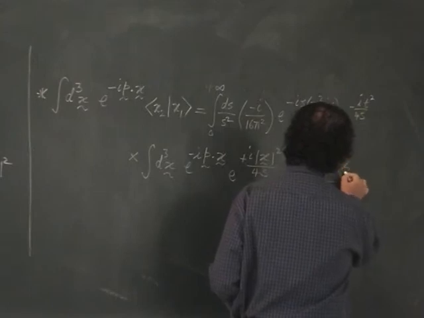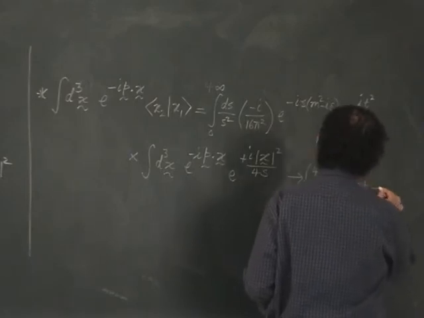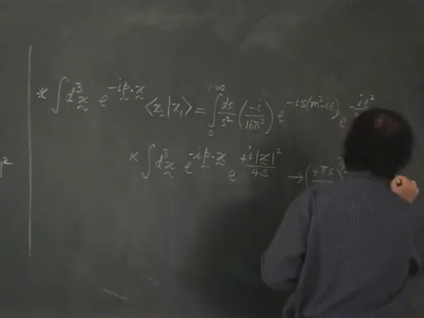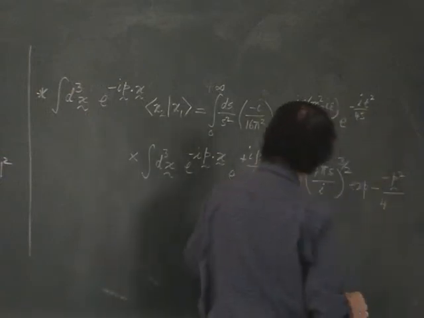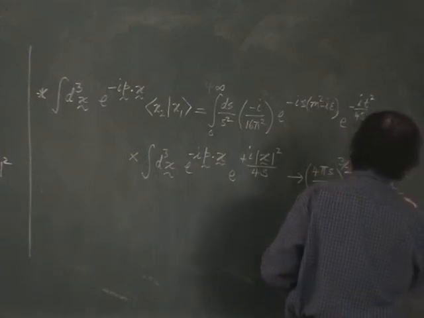There are only 3 integrals. Then exponential minus b square. b square will give me minus p square upon 4 times a, which is i upon 4s.